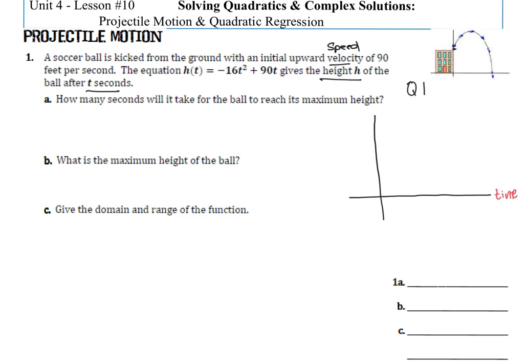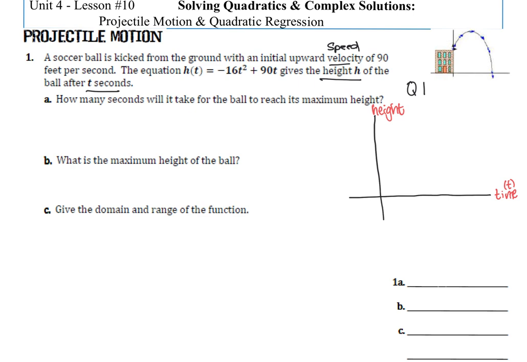So the t-axis instead of the x-axis. And the y-axis is going to be the h-axis, standing for height. So instead of y, we have h. Instead of x, we have t.